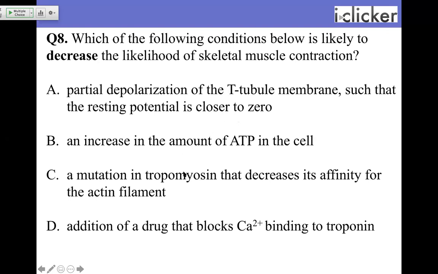Or if we interfere with tropomyosin's binding to that actin filament, then that myosin binding site on the actin filament will remain available. But a drug that will block the binding of the calcium, even if the calcium concentration is high, blocking the ability of the calcium to bind to troponin would prevent the downstream events that would lead to contraction.